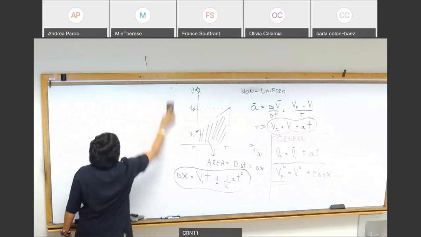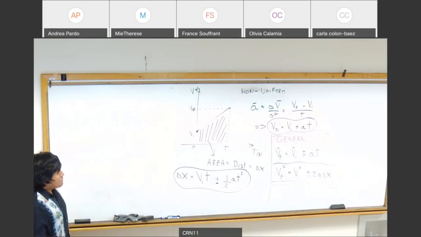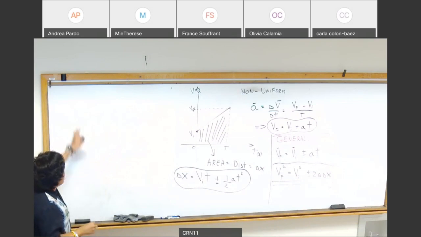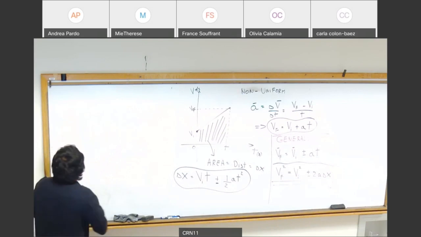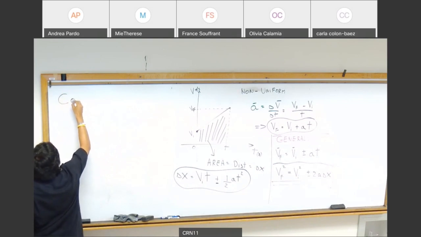So what you need to write down are just the equations there. That's for non-uniform motion. Now, this is also very important: conversion of speed units.